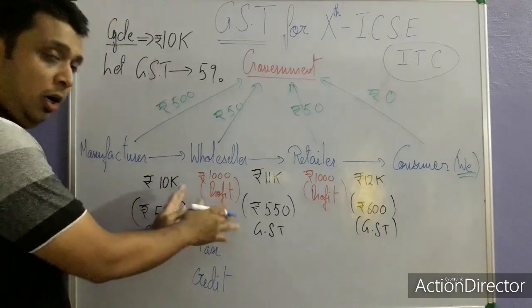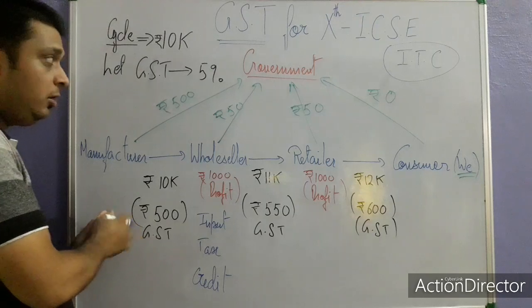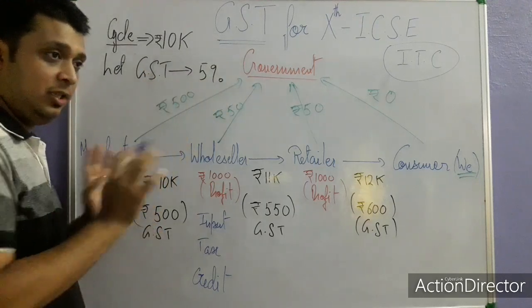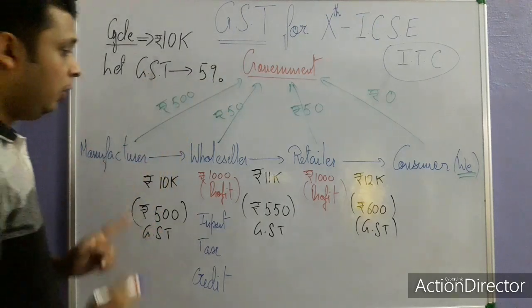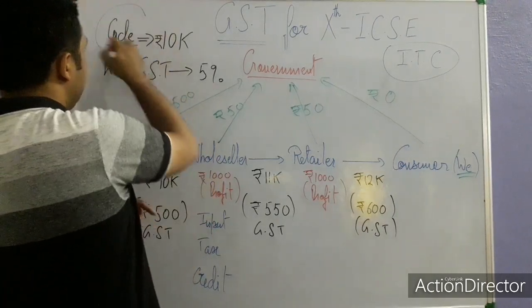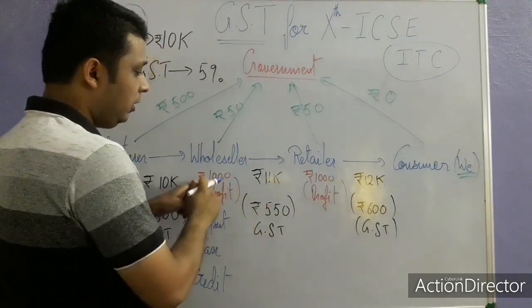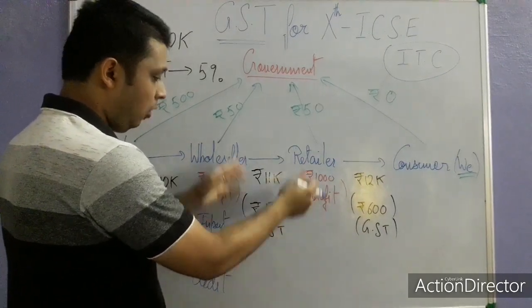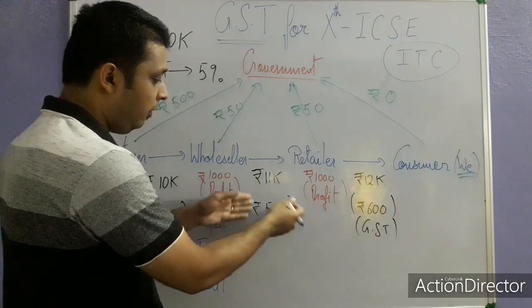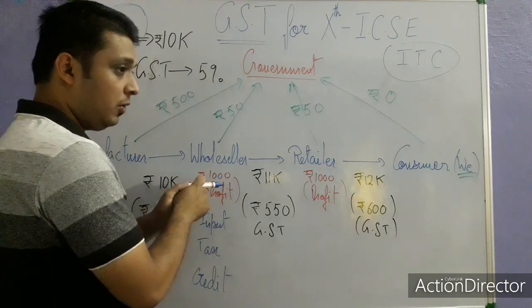So up to now, you know that he has given 500 to the manufacturer to be given to the government as GST. Clear? Now, when the wholesaler sells the cycle to the retailer at a profit of 1,000, he gets a GST of 550 rupees on the sale, isn't it?